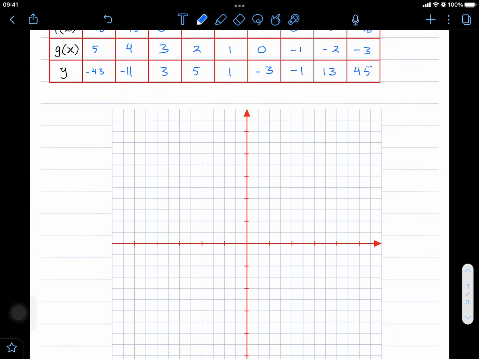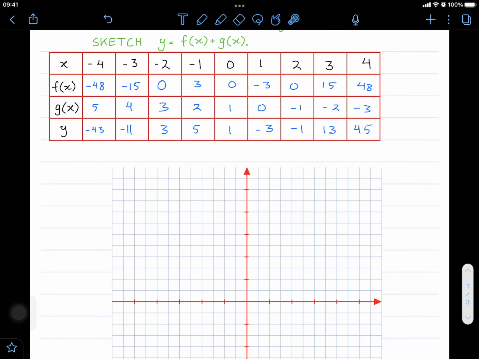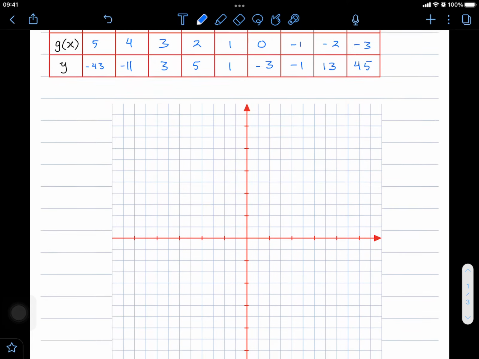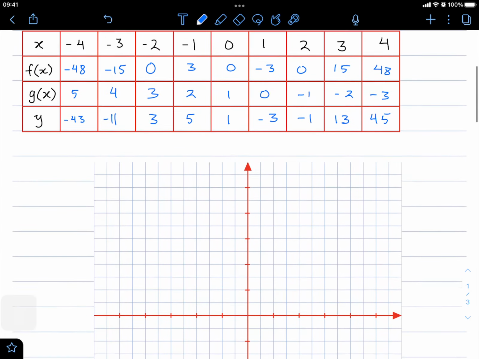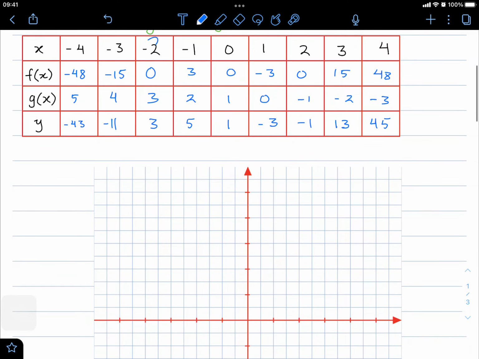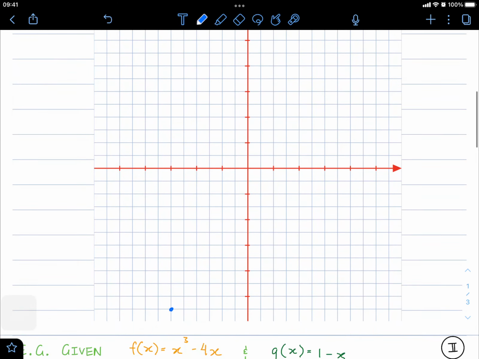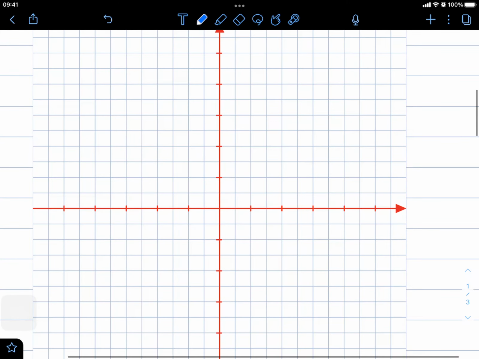Negative 3, negative 11, so I'm looking at this coordinate here. Negative 3, negative 11 is our first point. Negative 2, 3.